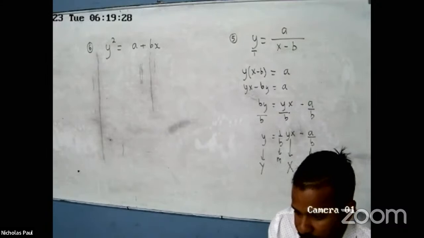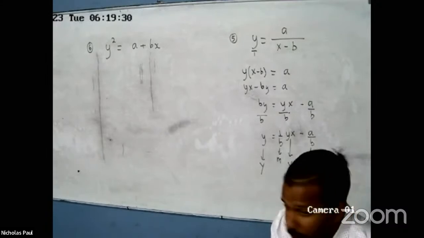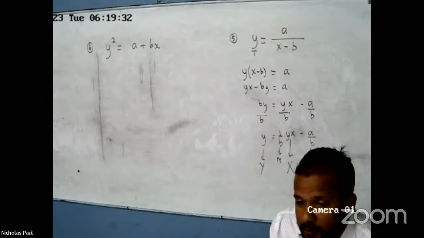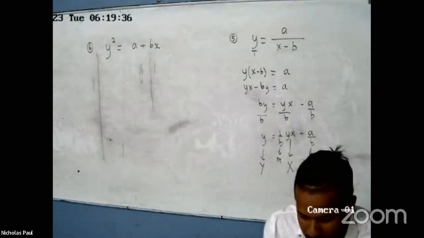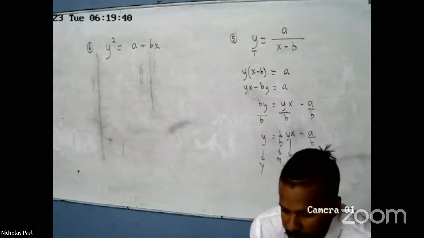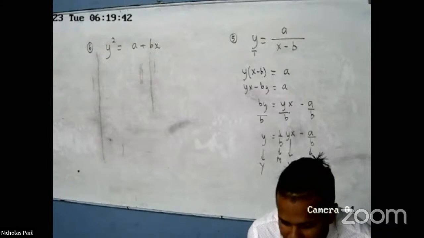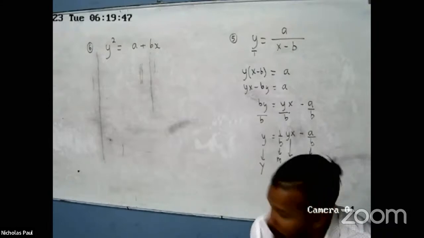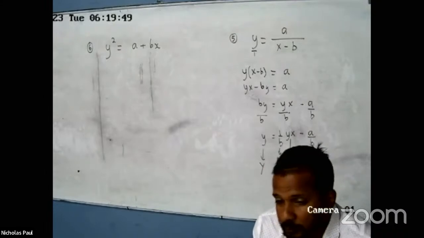Anybody have it? Sorry, I was doing. Y squared is equal to A plus BX.